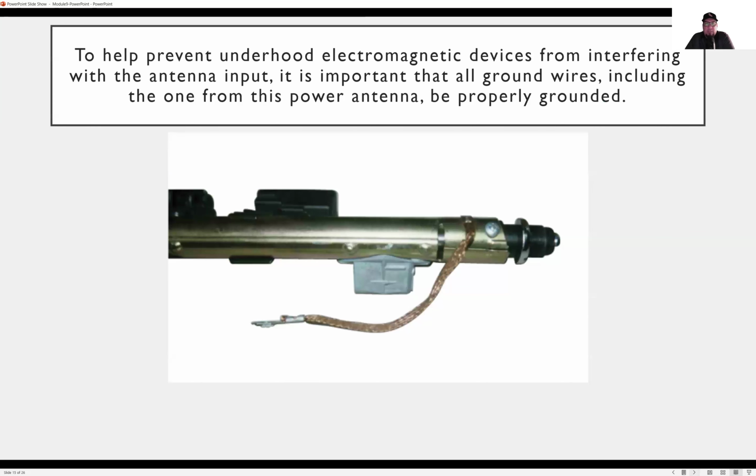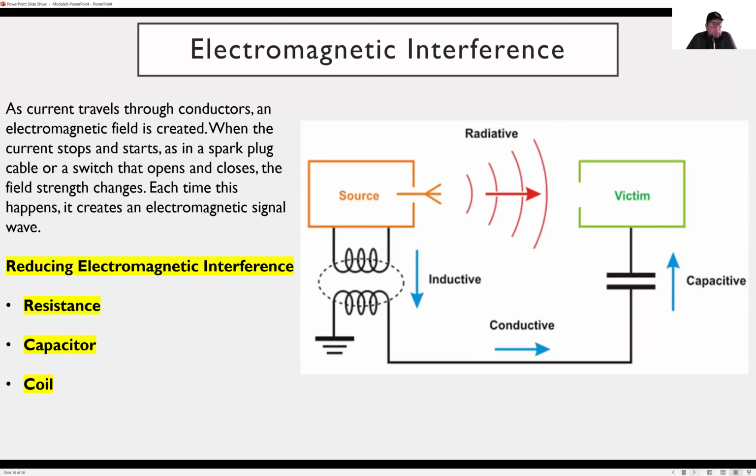I'm not going to go over this so much, but for some antennas, again, we're looking at a ground wire here, a flexible ground strap, and just make sure you read everything that's here. But the ground straps definitely help with interference, especially when it comes to radio and audio equipment. And again, that's what we're talking about here too.